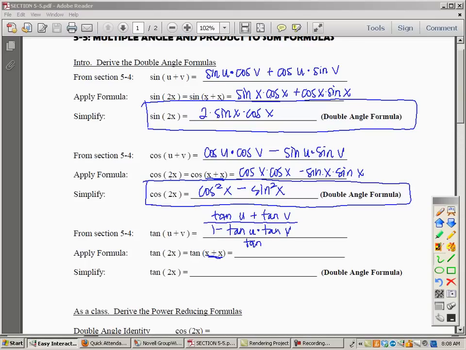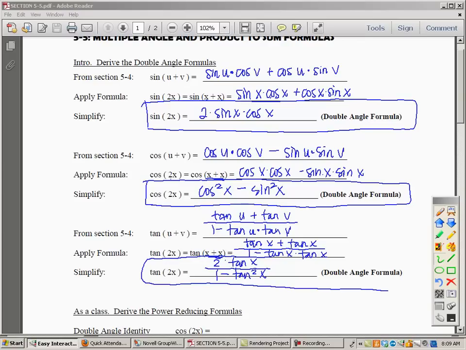So the tangent of x plus the tangent of x all over 1 minus the tangent of x times the tangent of x. Well, the tangent plus a tangent is 2 times the tangent of x. And then you have 1 minus tangent times tangent is a tangent squared. And this is the double angle formula for a tangent.